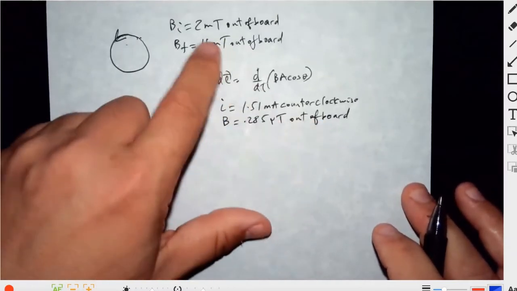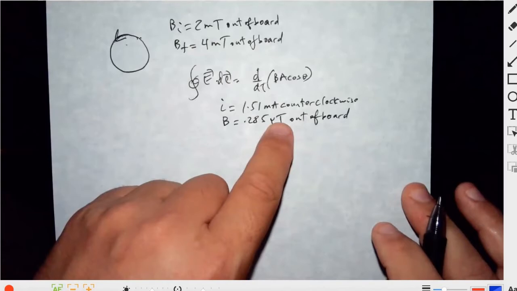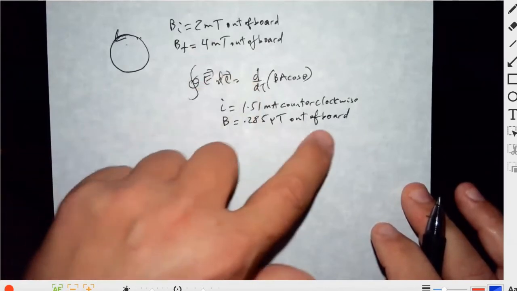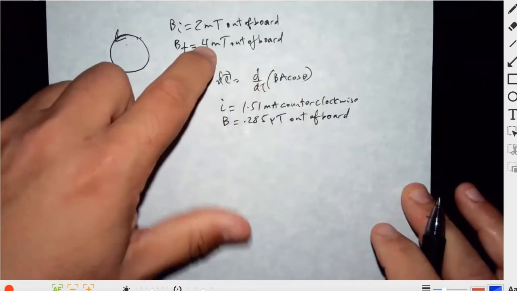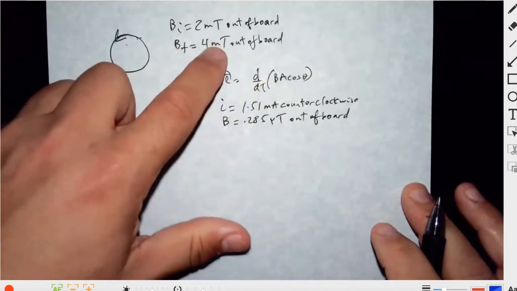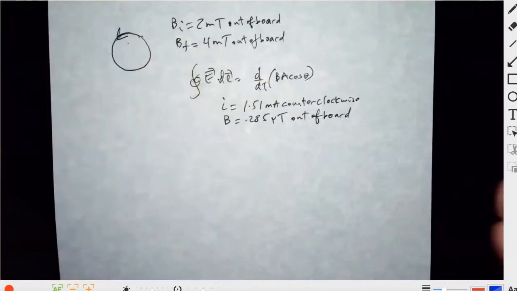But 0.285 microtesla is so small that when you add it to this, it's hardly noticeable. So what would have happened?